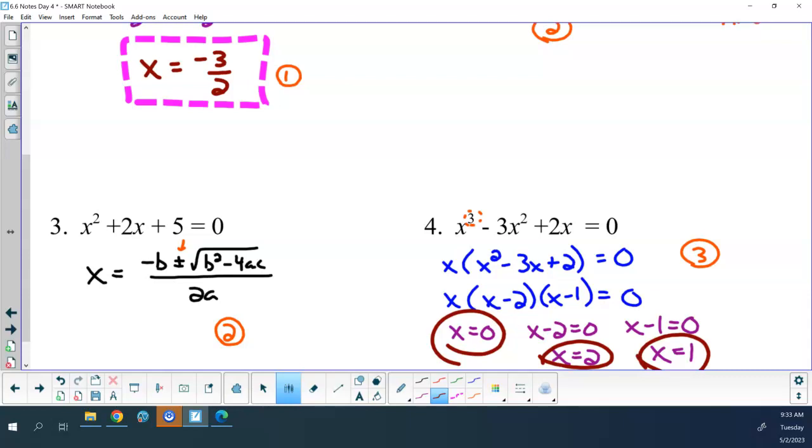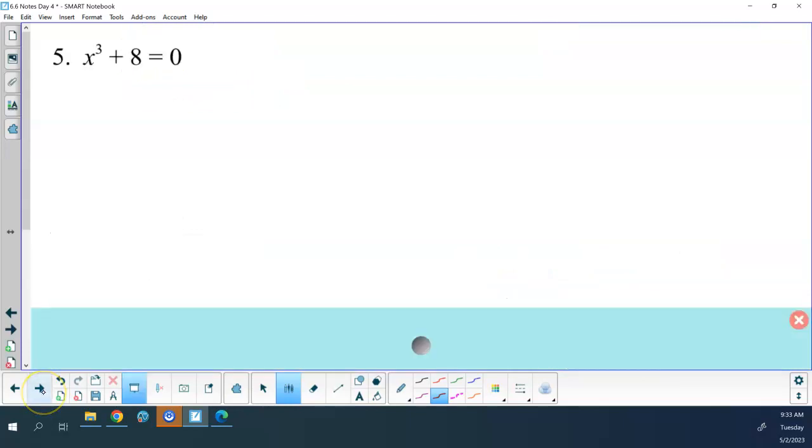Okay? Alright. Let's apply that now to something that looks like this. How many answers should I get in this problem? I should get 3, right? Because I would first subtract 8 from both sides, and that would give me x cubed equals negative 8.